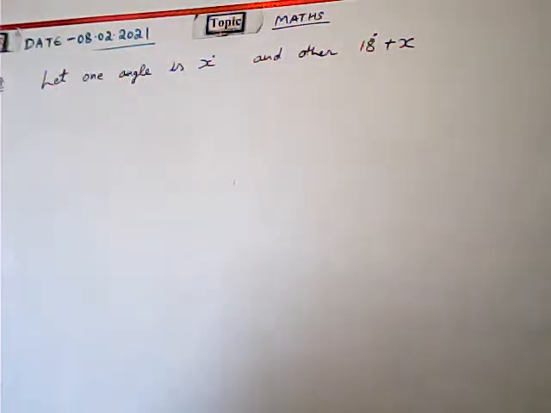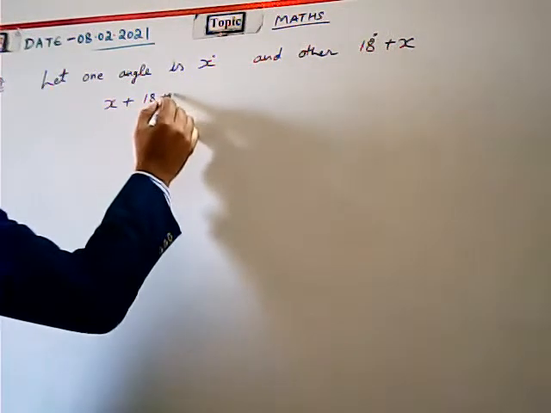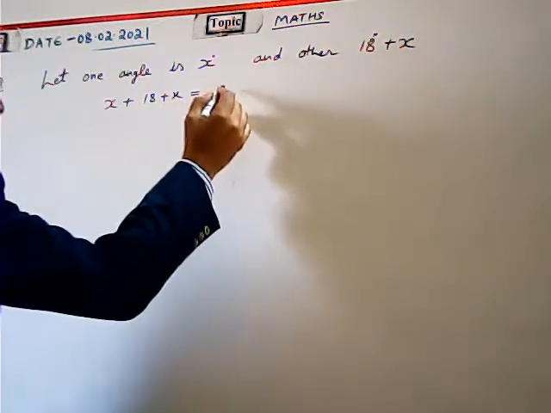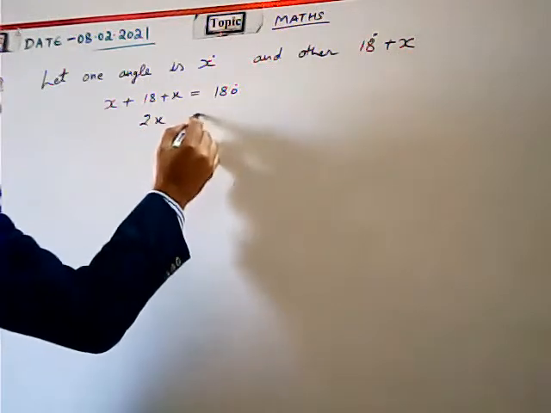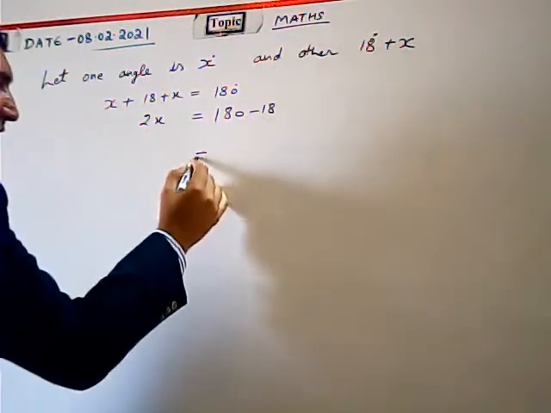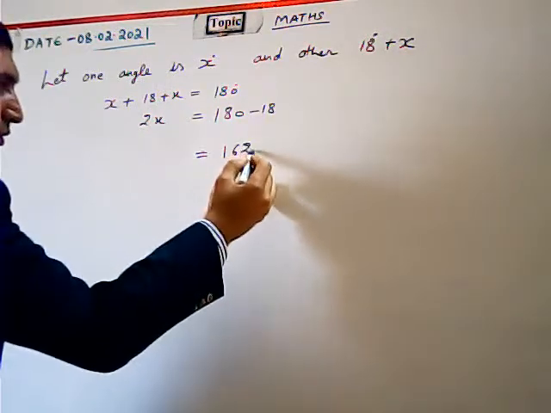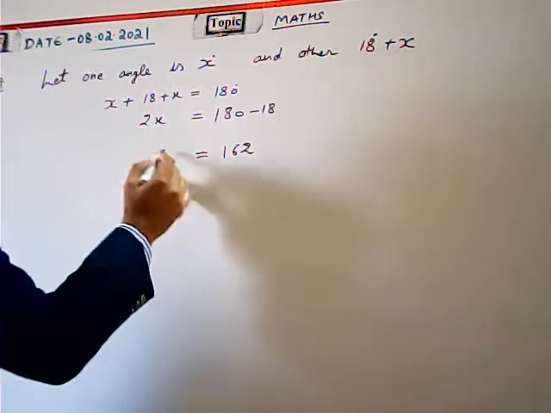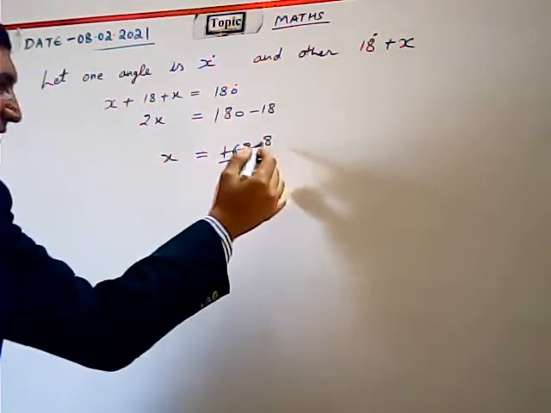Right? Supplementary, the two angles will be x plus 18 plus x is equal to 180 degree. So here twice of x is equal to 180 minus 18 degree. So here we have 162, right? So x is 81.